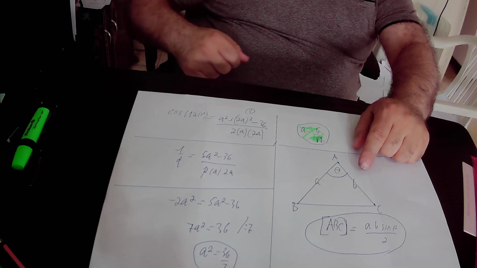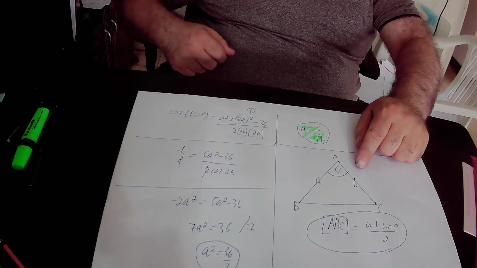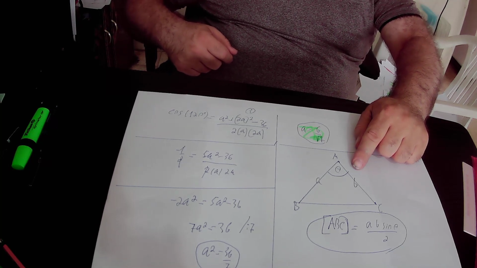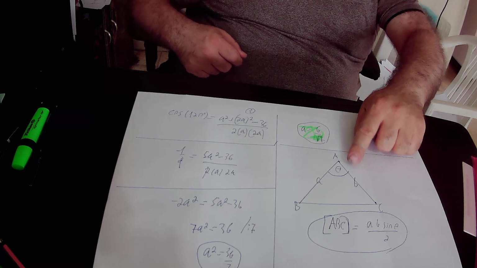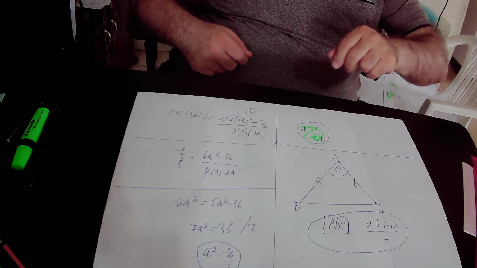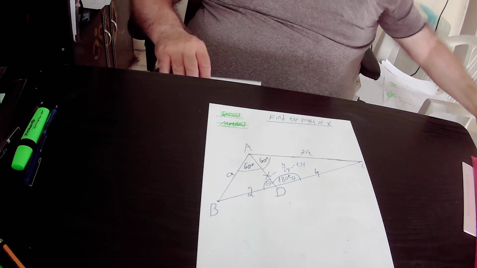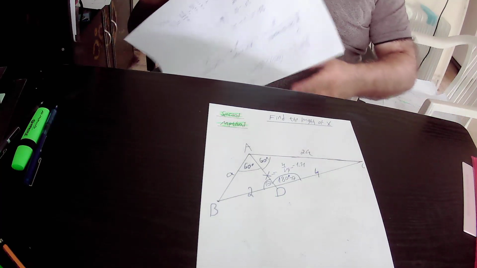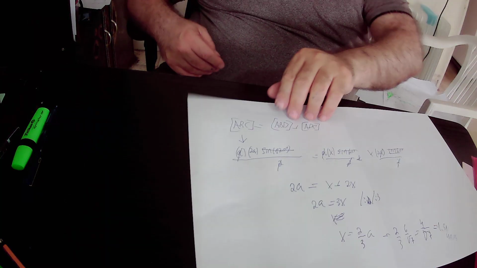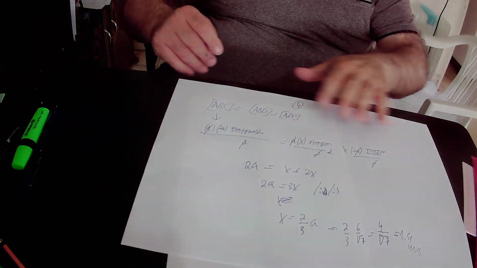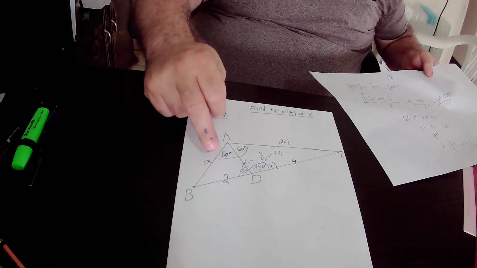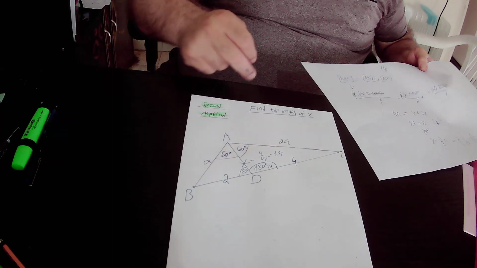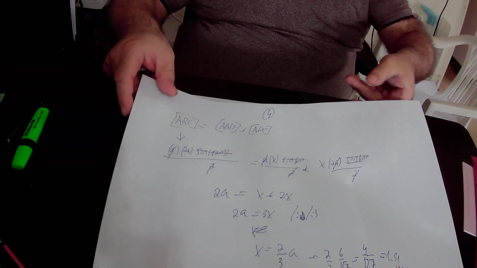And I presented to you a new formula to find the area of any triangle. The area of this triangle equals a times b times sine theta over 2. We applied the new rule to find the area of the triangle in our drawing. We know that the area of triangle ABC equals the area of triangle ABD plus the area of triangle ADC. Okay?